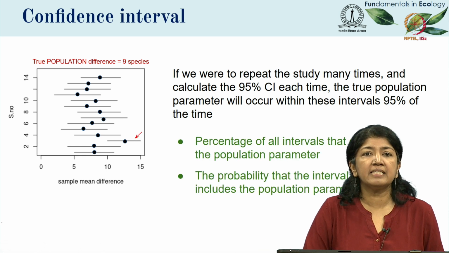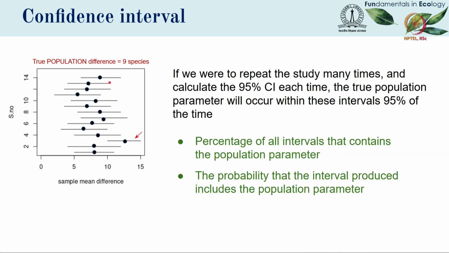So, you can see in this example all these intervals, the true population parameter of 9 falls within all these intervals except for one in this case. So, in this iteration of the study, the confidence interval does not include the true population parameter.